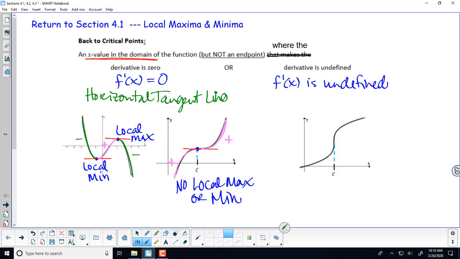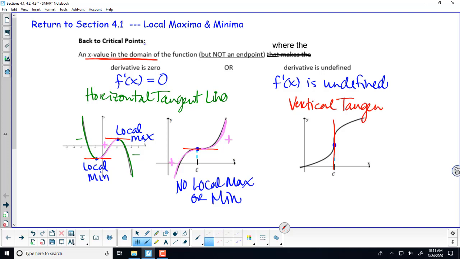All right, so what about this whole idea of what's this x value that makes the derivative undefined? How does that play out? At a critical point, a value in the domain of the function that when you plug it into the first derivative, it does not produce a real number. That is because we have a vertical tangent line.